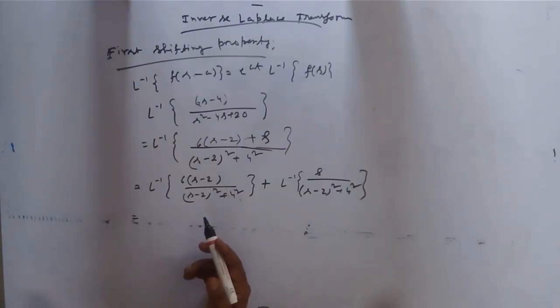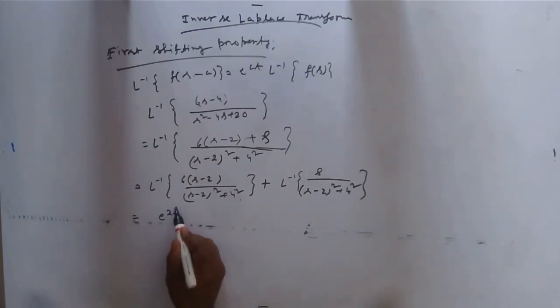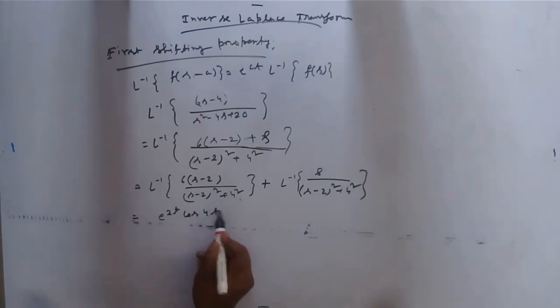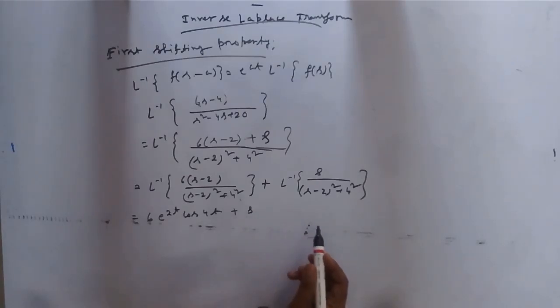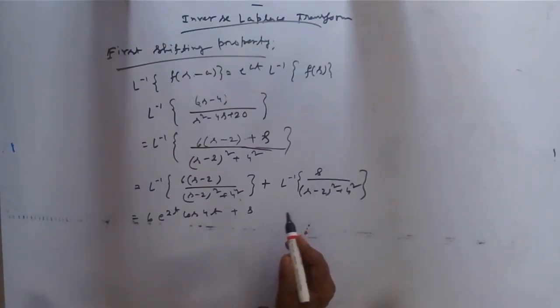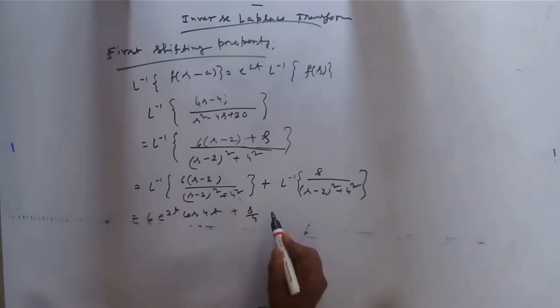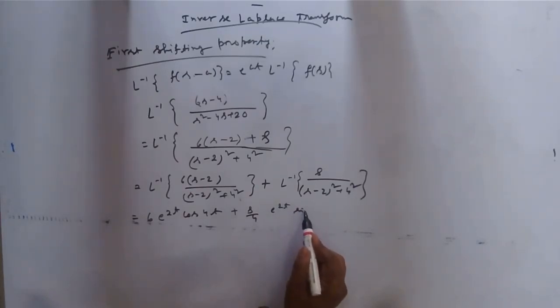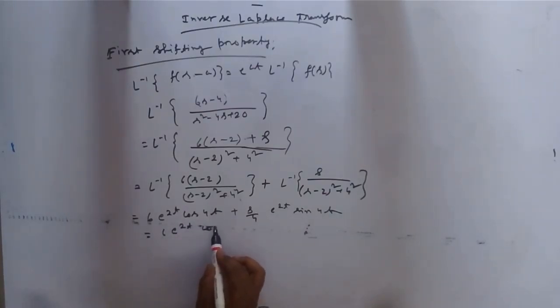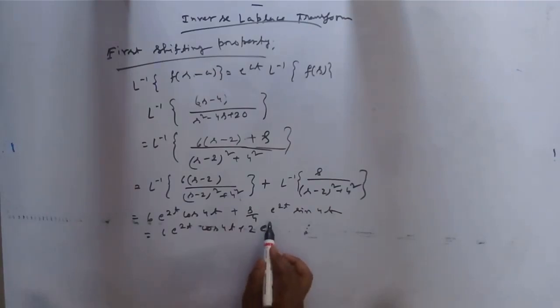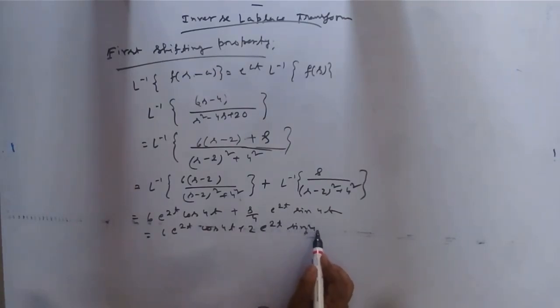Since there is s minus a in place of s, we have to use the first shifting property, and it will be e to the power 2t cos 4t, 6 is constant, plus 8 into, here we are multiplying and dividing by 4, so it will be e to the power 2t sin 4t, that is 6 e to the power 2t cos 4t plus 2 e to the power 2t sin 4t. So this was the example of the first shifting property.